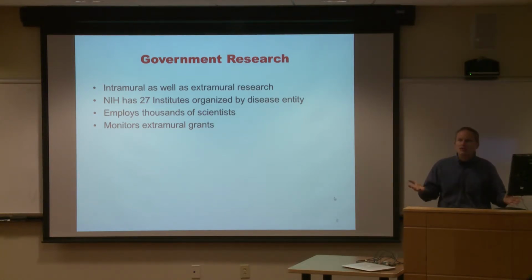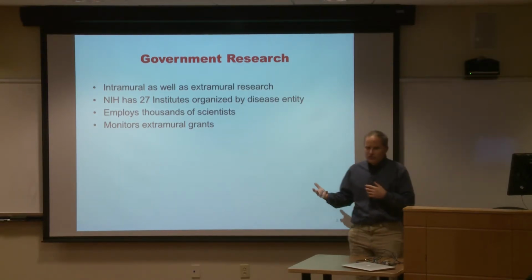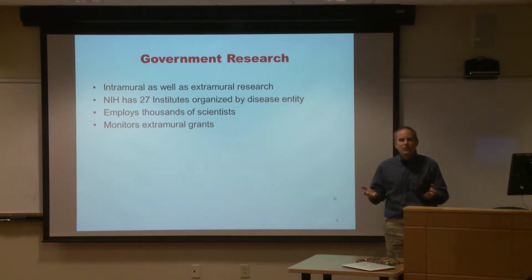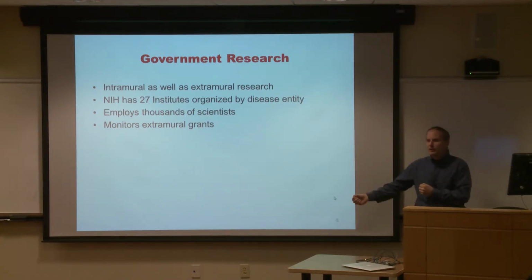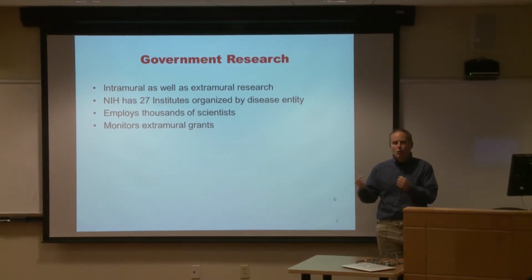They also monitor extramural grants. So when I go down for a study section, I'm going down to evaluate other people's proposals. If those proposals are good enough and they get funded by the government, then the government gives money to somebody to do the research, but then there's usually what's called a project officer, who's somebody at the government you work with, who is responsible for making sure that you do what you're supposed to do. And if you have questions, you can ask them questions.